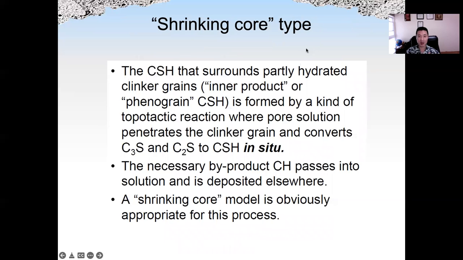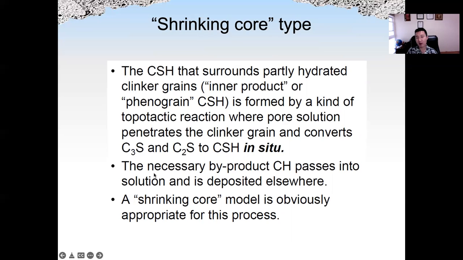For the shrinking core type, CSH surrounds a partially hydrated cement grain. Okay. So that is caused by transformation of C2S and C3S directly into CSH in situ. Okay.